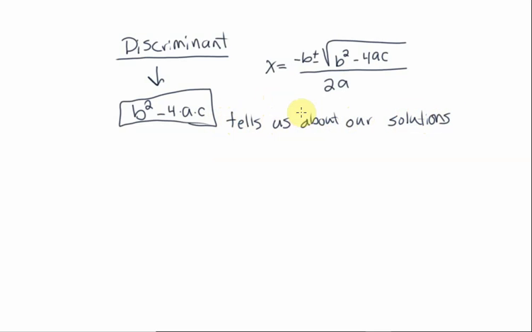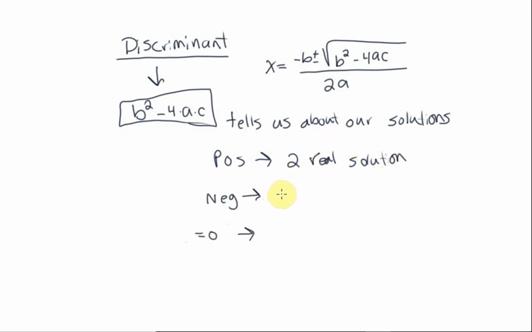And here's what I mean. We can just glance at that b squared minus 4 times a times c. If it's positive, that tells us something. If it's negative, that tells us something. And if it's equal to 0, that tells us something about our solutions. So if it's positive, we're going to get 2 real solutions.